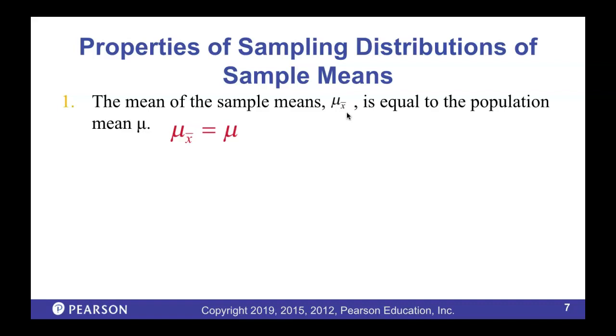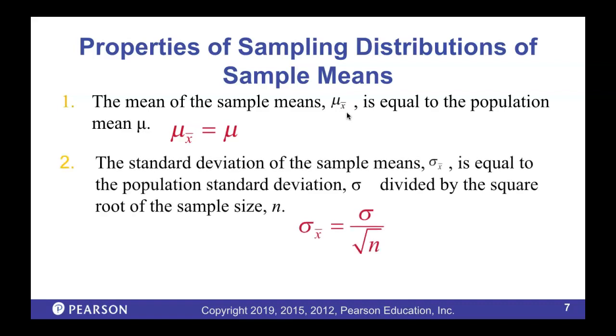Standard deviation is a little different. Here's a formula for you. The standard deviation of the sample mean, we use the symbol sigma with x bar as the subscript. We read this as: the standard deviation of the sample means is equal to the population standard deviation sigma divided by the square root of the sample size n.